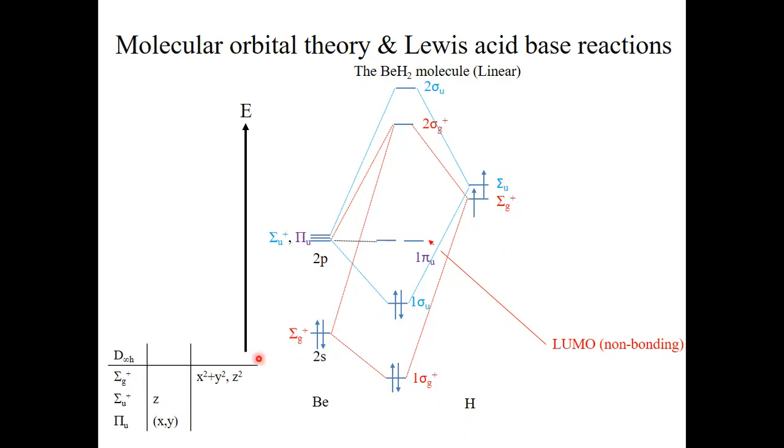We combine this σg+ with this σg+, which forms a bonding molecular orbital and an antibonding molecular orbital. And we can combine this σu+ 2p orbital with the other ligand group orbital, which has σu+ symmetry, to form this 1σu+ and this 2σu+ orbital.